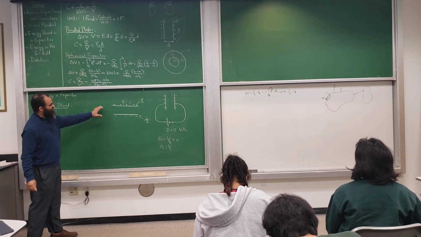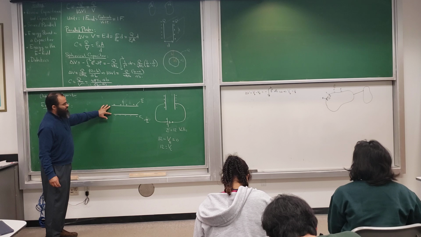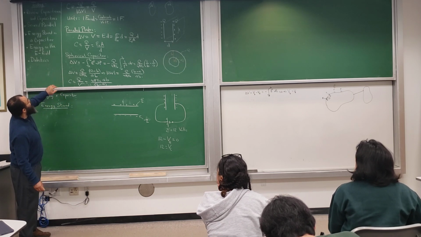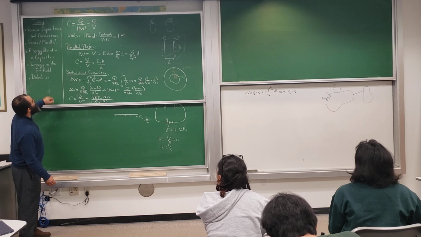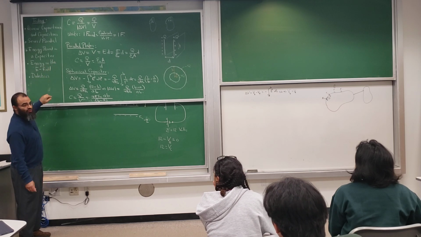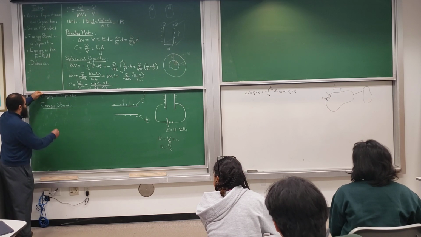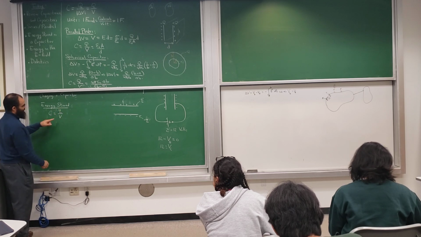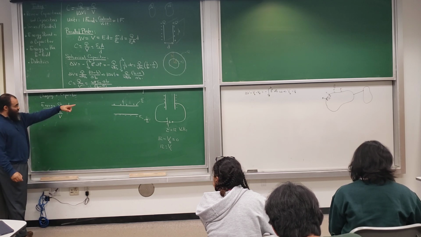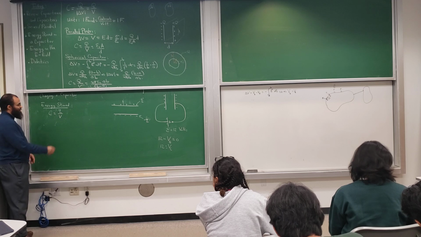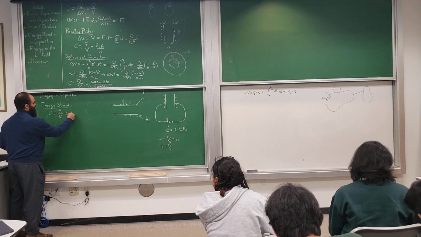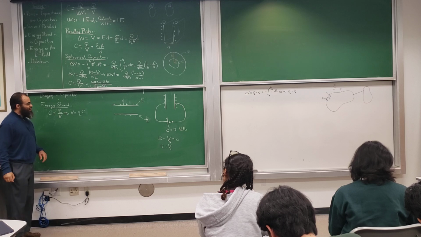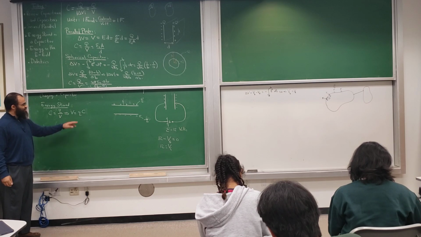What would the potential difference between the plates be if the charge is little q? C is equal to Q over V, right? Therefore, V will equal Q times C. That's the potential difference between the plates.